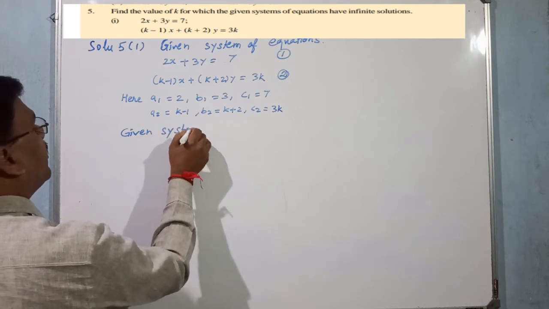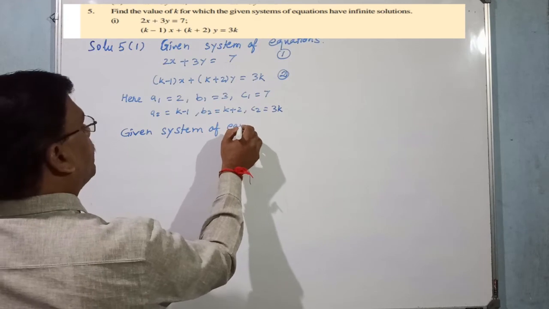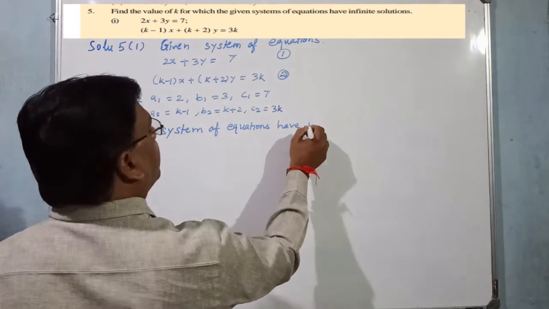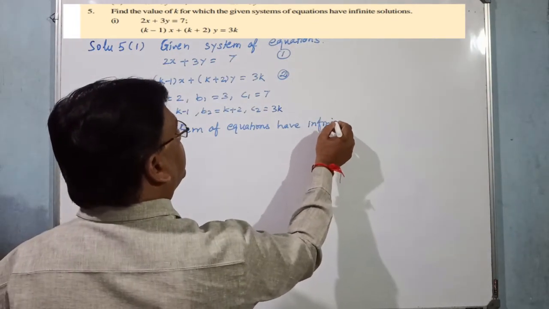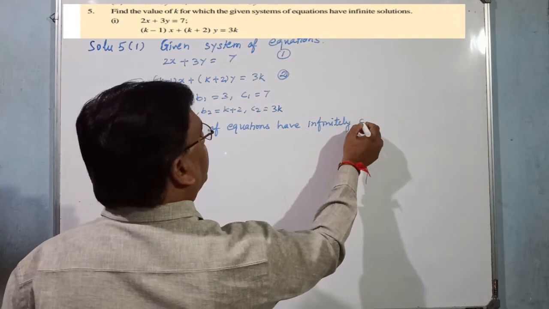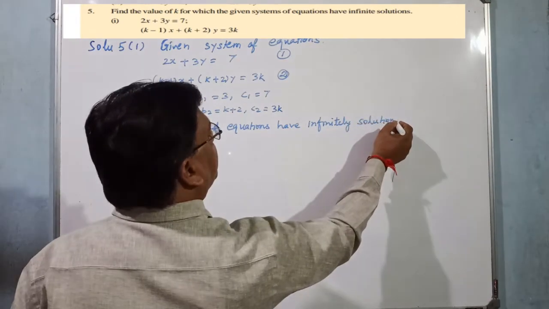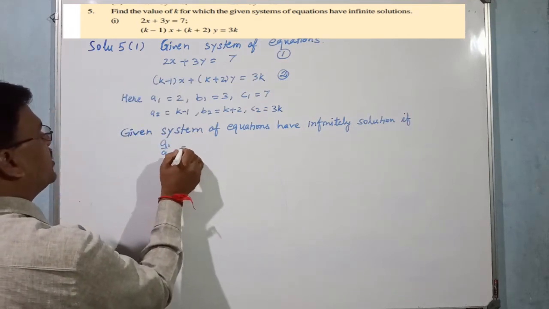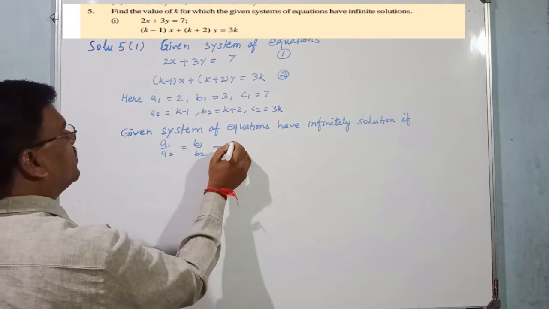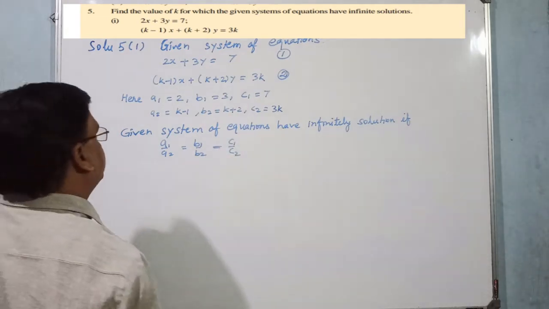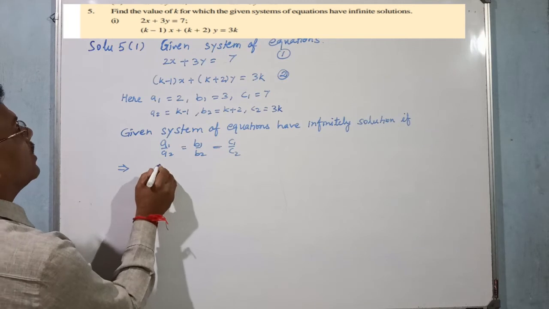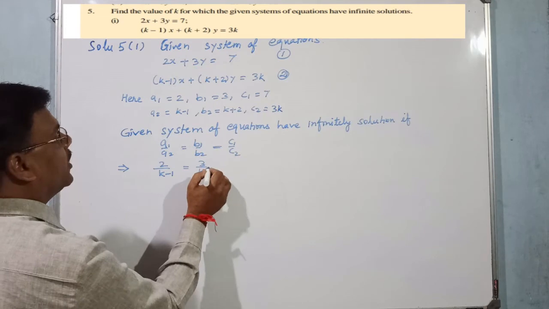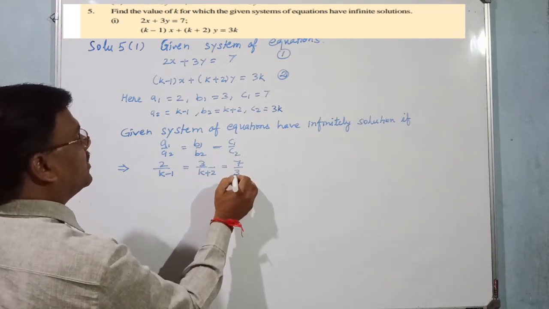Given system of equations have infinitely many solutions if a1 by a2 is equal to b1 by b2 is equal to c1 by c2. 2 upon k minus 1 equal to 3 upon k plus 2 is equal to 7 upon 3k.